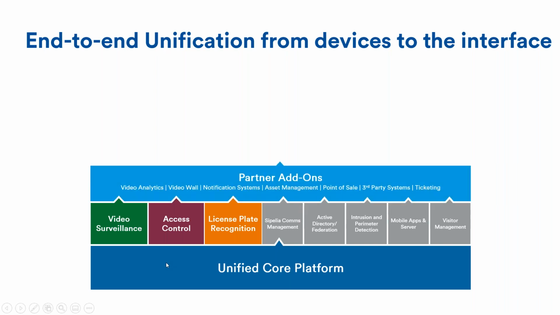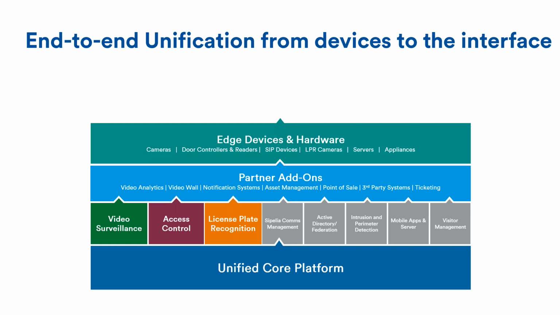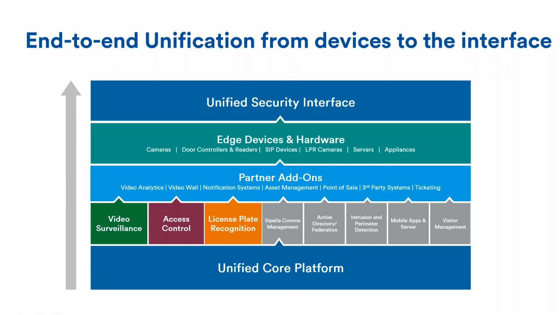On top of that software layer can also be our partner add-ons, like video walls, asset management, point of sale systems. And then we have what we call our edge devices. That's the hardware that is being managed by the software components: cameras, door controllers, SIP devices, which would include intercoms or SIP servers, LPR cameras, etc. And then, as I mentioned, we have the unified security interface: Security Desk for doing monitoring and investigation, and Config Tool for doing configuration.